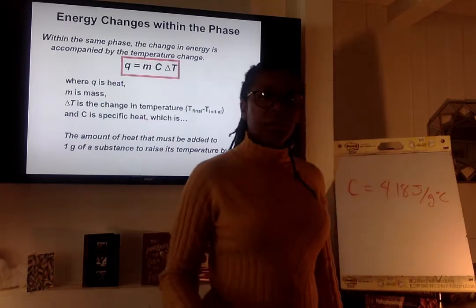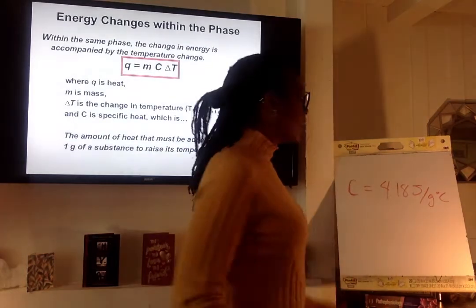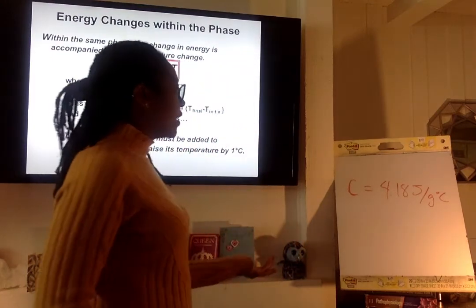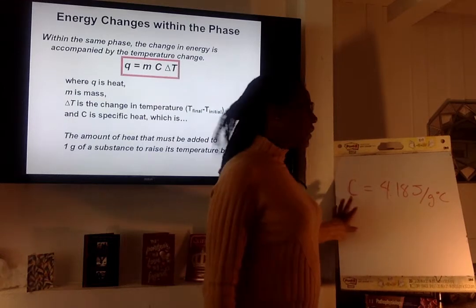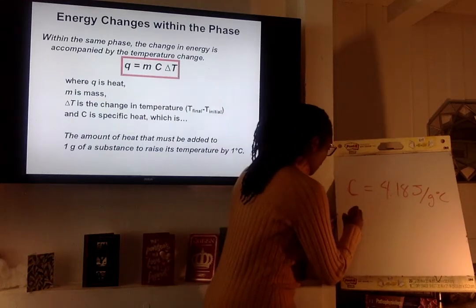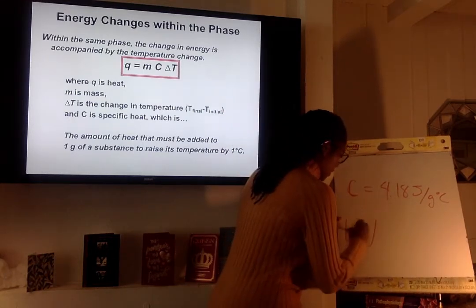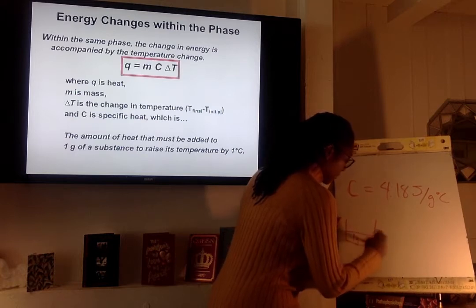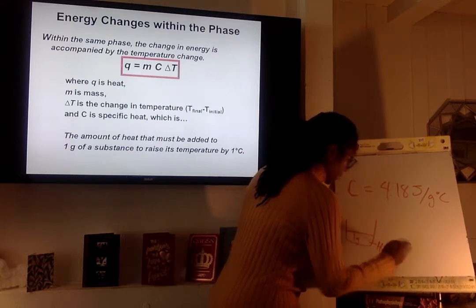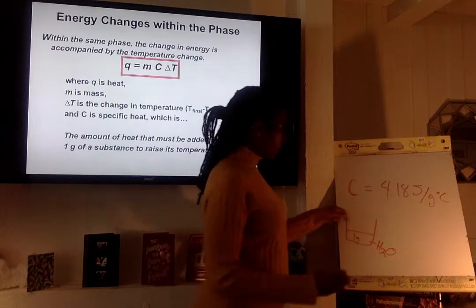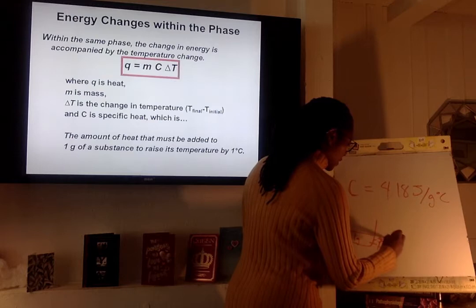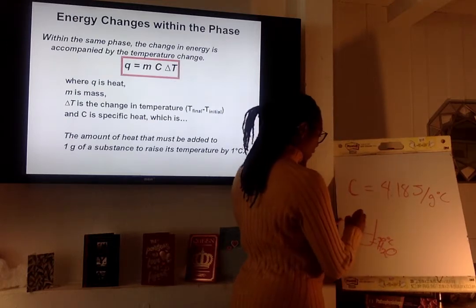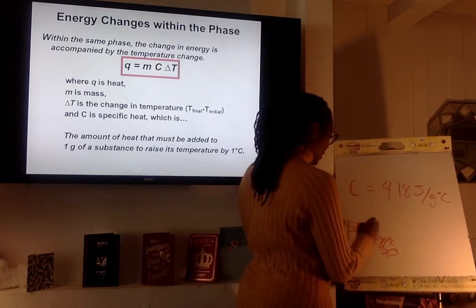So the specific heat is how much energy is needed to increase the temperature of 1 gram. Let's say this is 1 gram of H2O, water, at 30 degrees Celsius. I want to add heat to this.